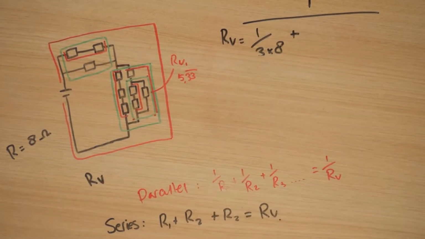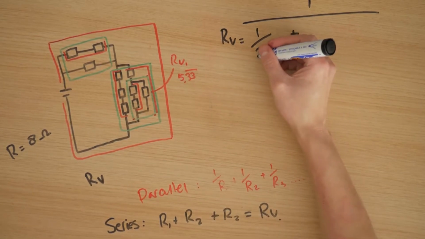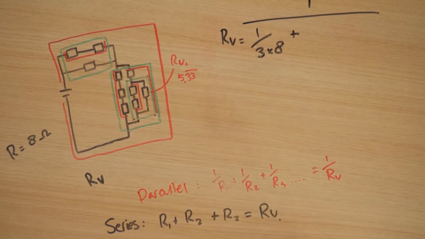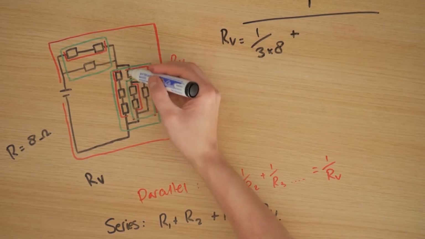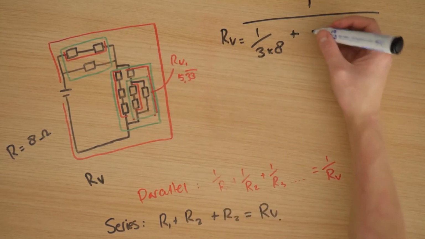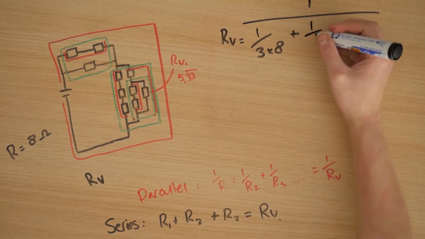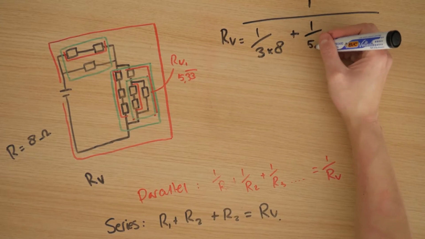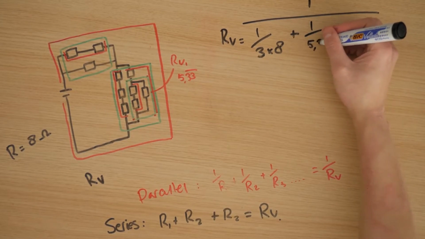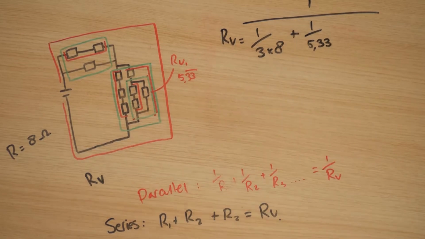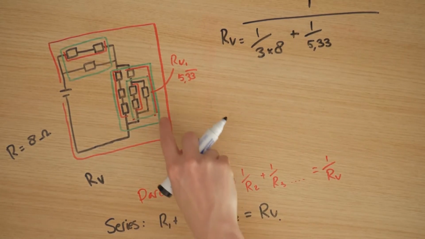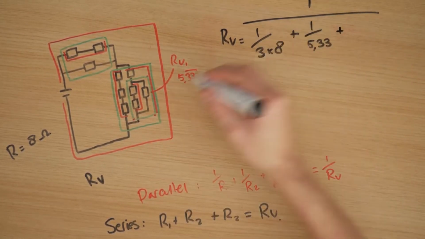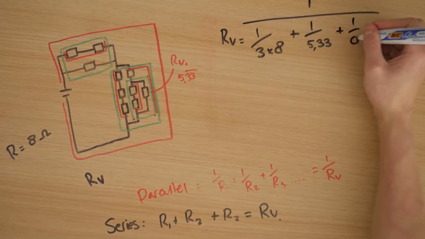It's going to get dirty. 1 over 3 times 8, plus 1 over 5.33. And then maybe you would think, plus 1 over 8.